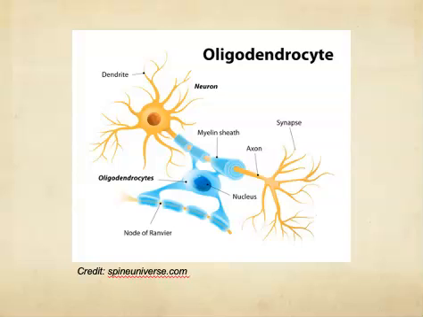On this slide, we're looking at a drawing of an oligodendrocyte. And this oligodendrocyte is also creating myelin sheath. It's just doing it in the central nervous system, not the peripheral nervous system. Now we can see a neuron here in yellow. Looks a lot like that neuron I showed you a few minutes ago.